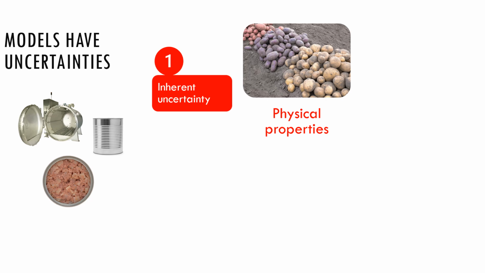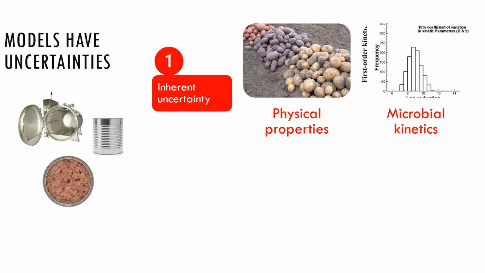Then, we are doing a canning process, meaning we are modeling the destruction of the microbe. So the microbial kinetics that we are considering, the rate of that kinetics can also have variability, natural biological variability.